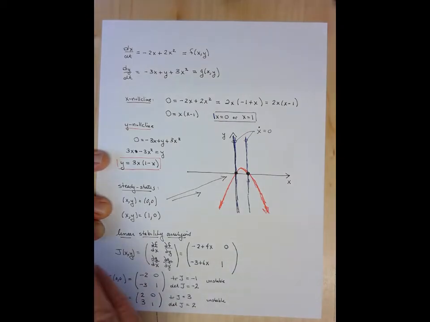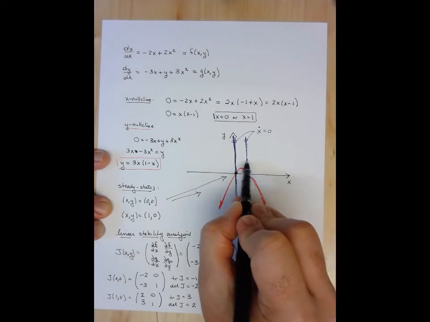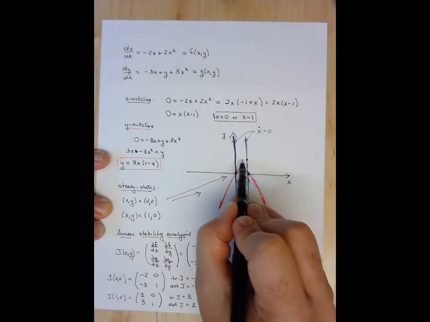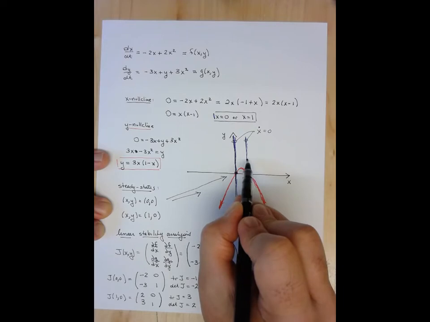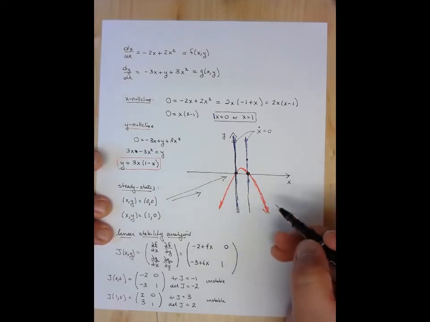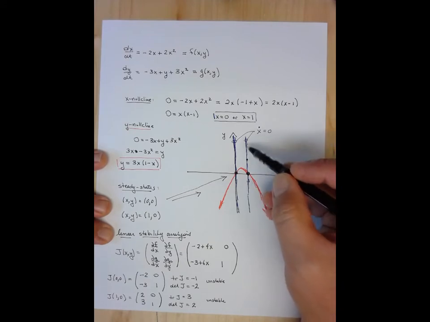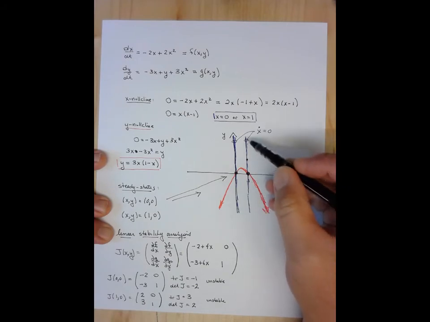The solutions are not going to be able to move from one side of those lines to another, right? Because if you were on one of the x nullclines, the rate of change of x is 0, so you can't move to the left or to the right. You can only move up or down. So in fact, there'll be trajectories or solutions that are actually following these nullclines.